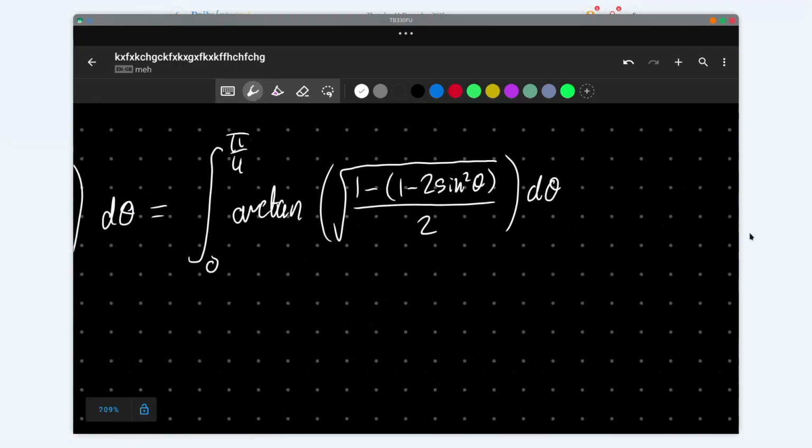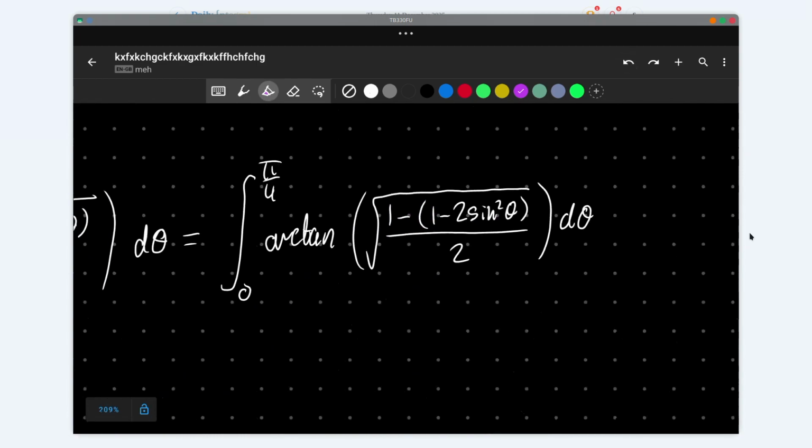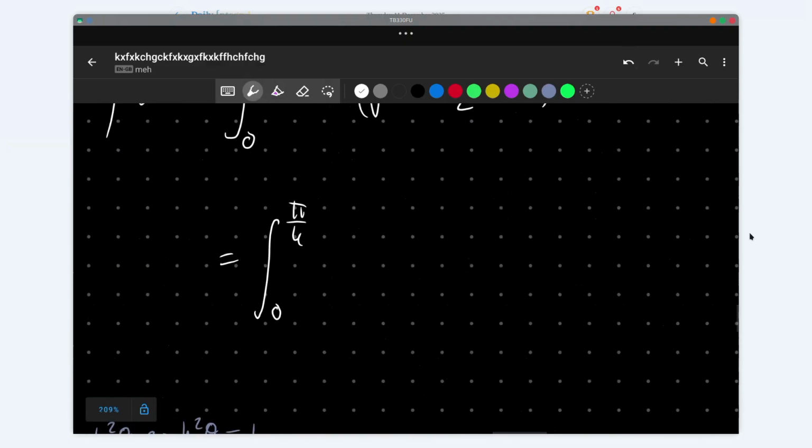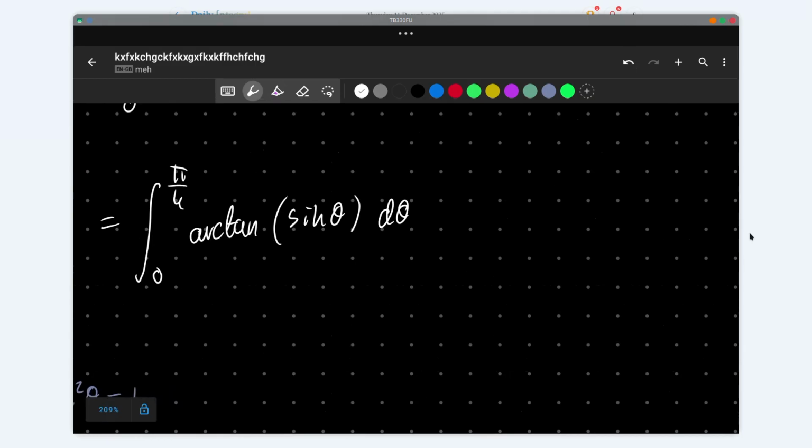So the 1's are going to cancel, and then the 2 is also going to cancel. We're going to be left with arctan of sine theta d theta.